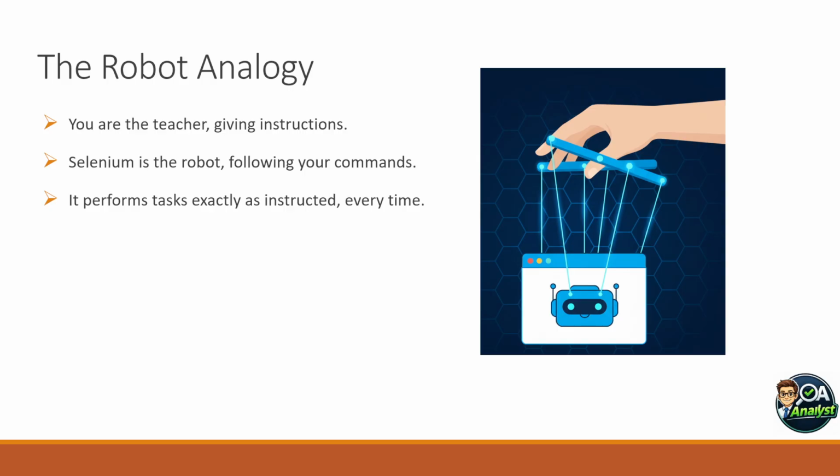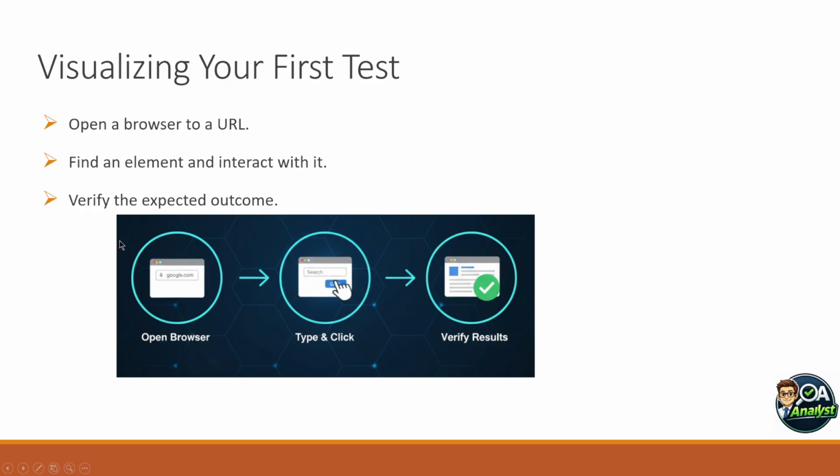Before we dive into coding in later videos, let's visualize one test case together. The test case is: open a Chrome browser, go to google.com, type automation testing into the search box, click search, and verify that the results are displayed.